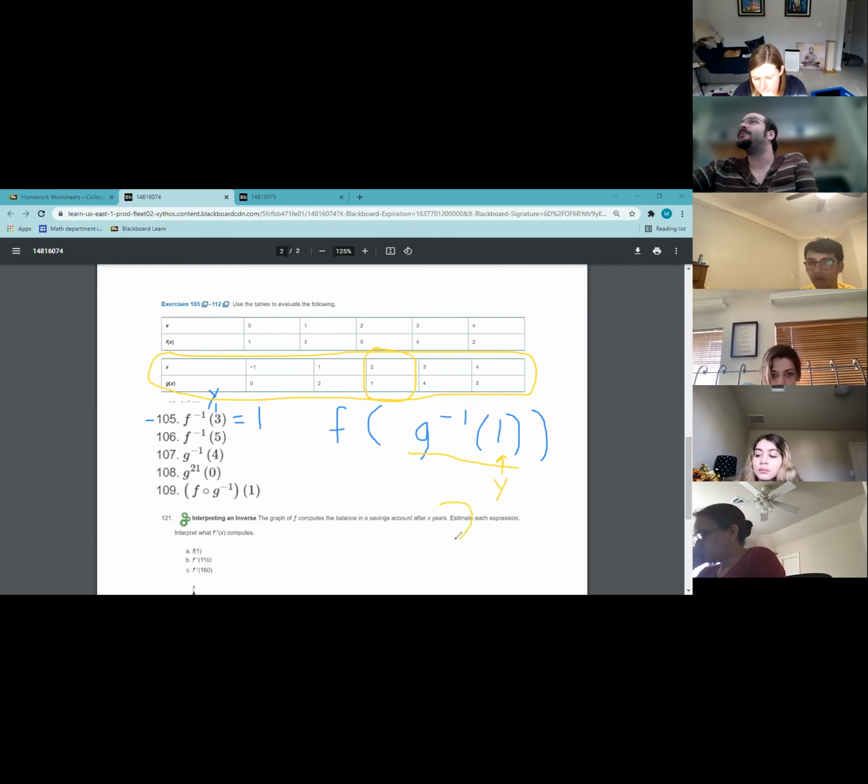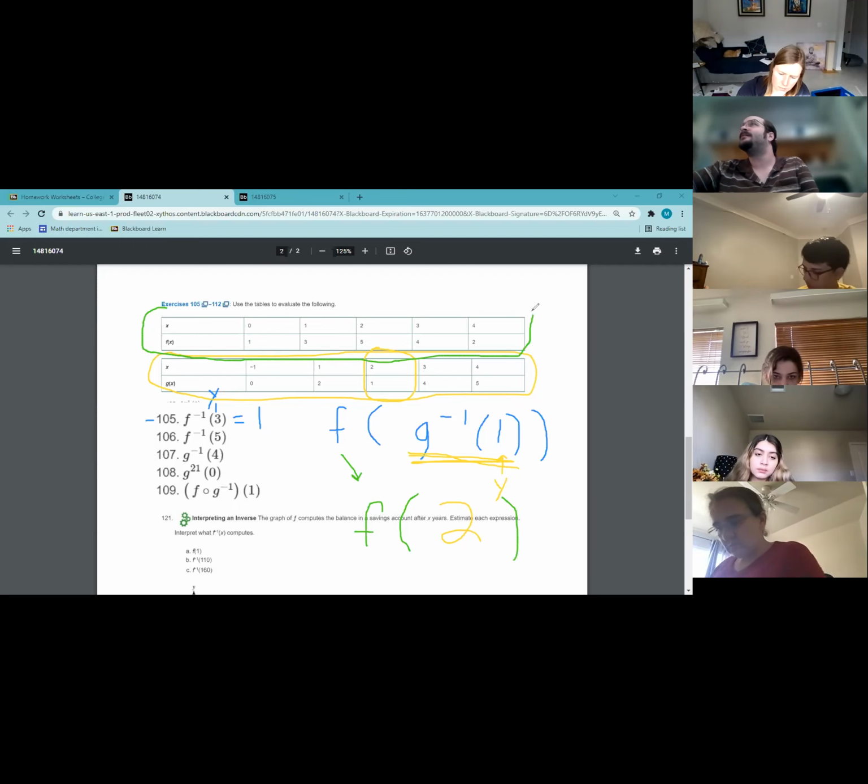And so what value is that going to give me? 2. So this whole thing that is underlined, this g inverse of 1, is just the same thing as the number 2. So I want to plug 2 in. I'm just bringing things down to my F. Going back, this is my F table up here, so now I'm using the other table.